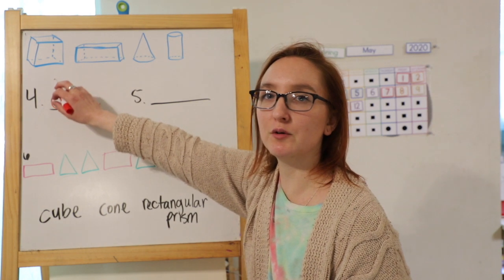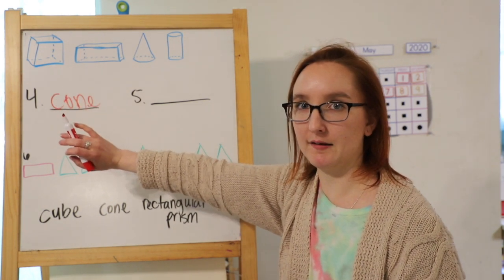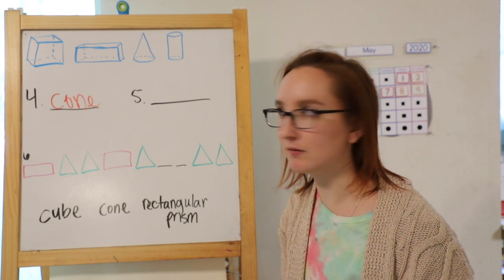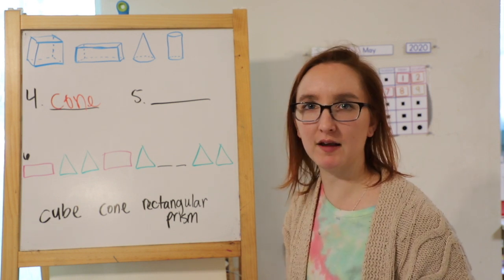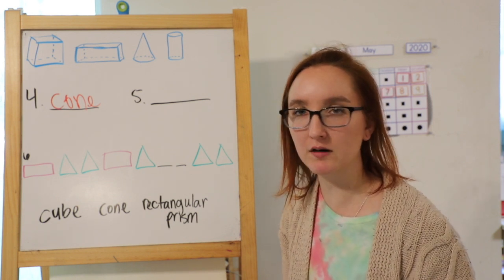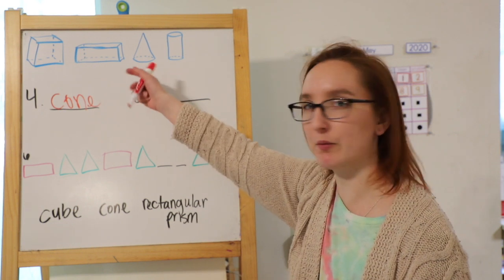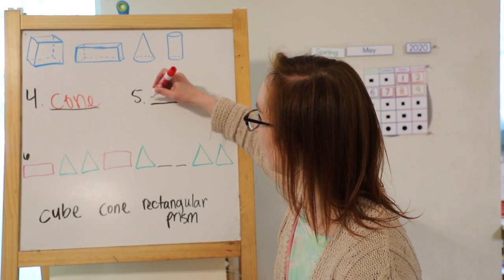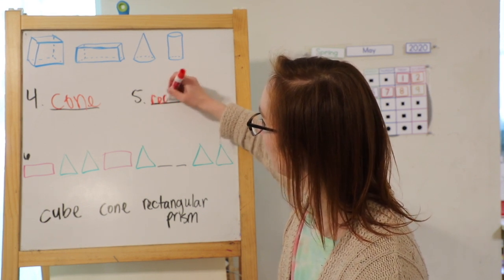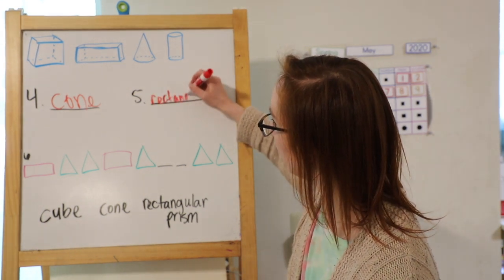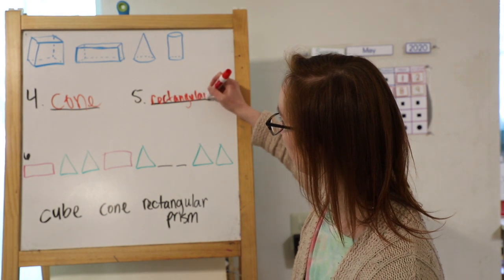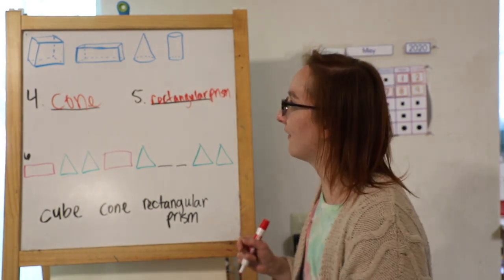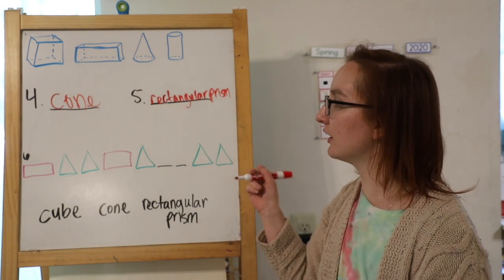Now our cube only has square faces, but Latoya's box of tissues has 6 rectangles, not 6 squares. So that must be our rectangular prism. So we're going to write that one on the line, rectangular prism. All right, so number 5 will be rectangular prism.